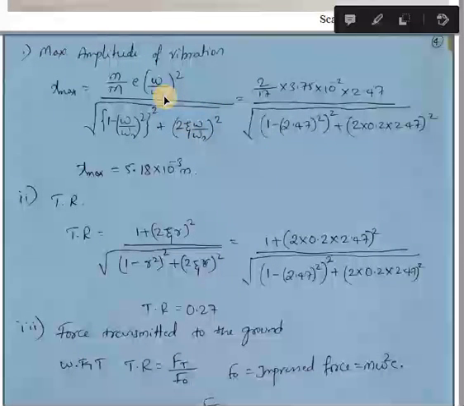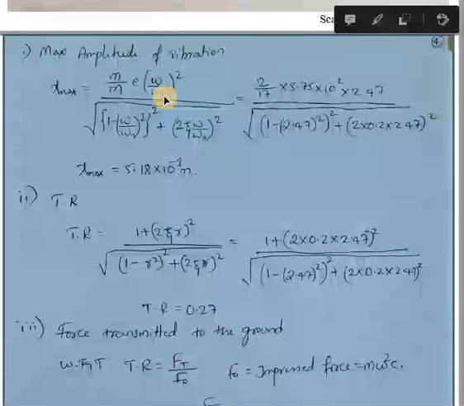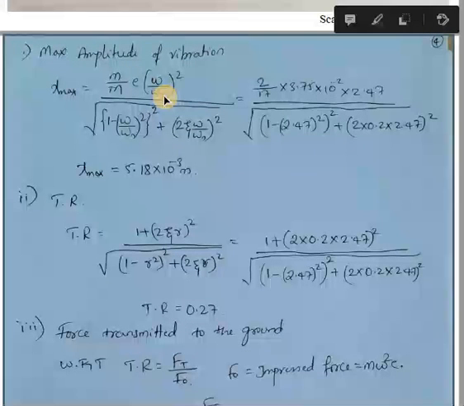Wherever omega by omega n is there, you can substitute it as R. In terms of R, you can remember the formulas. So in this equation, we know all the values. Substituting all these values, you will get maximum amplitude as 5.18 into 10 raised to minus 3 meter.